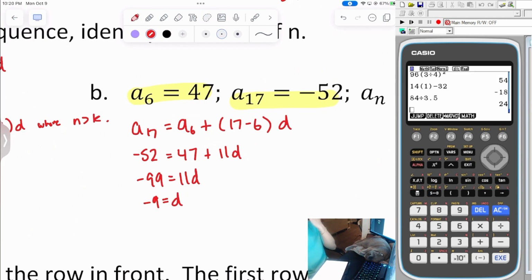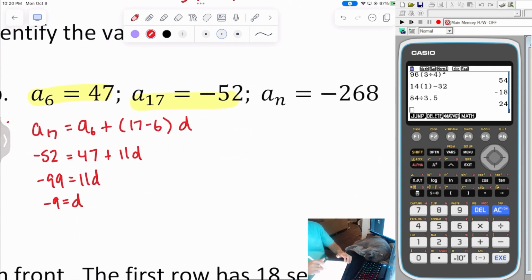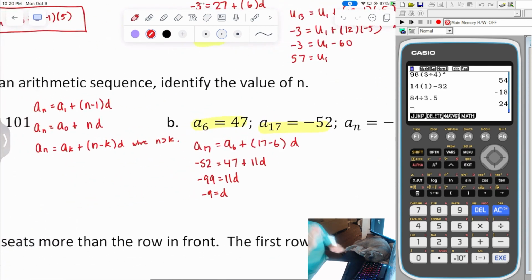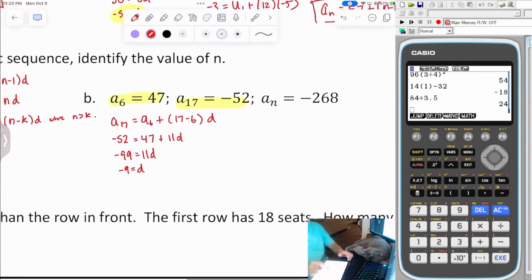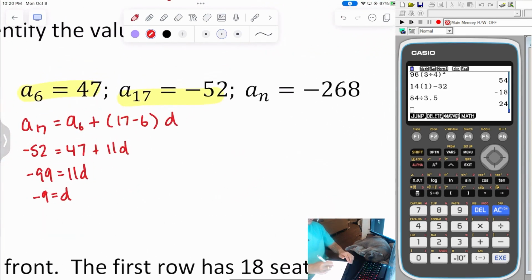Now that I know what d is, I could probably plug this back into one of the equations and solve for a sub 1, just like I did in this previous problem here. So let's see. All right, now let's just use any arbitrary point. Let's use a sub 6. 47 is equal to a sub 1 plus, not n, we know what n is, it's 6, 6 minus 1 times negative 9.